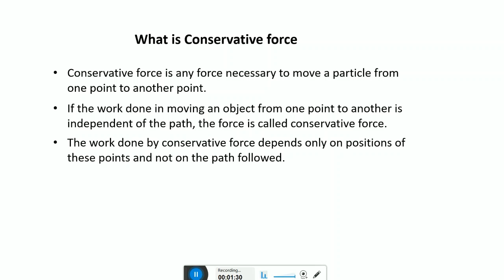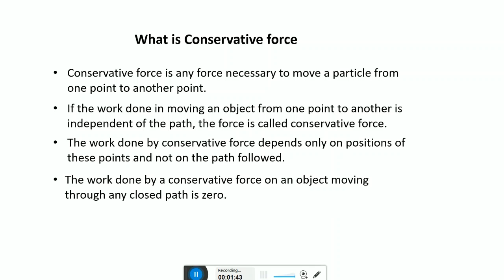The work done by a conservative force depends only on the positions of these points and not on the path followed. The work done by a conservative force on an object moving through any closed path is zero.